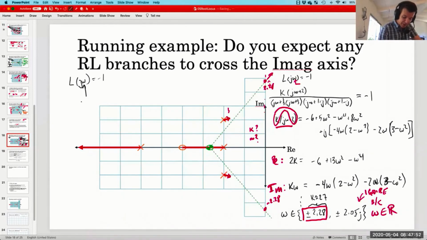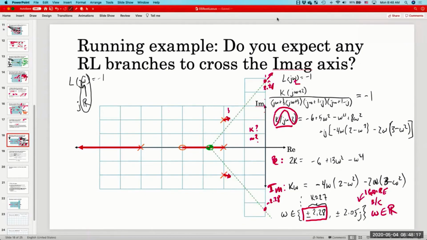And to get an imaginary number, you take the imaginary unit and you multiply by a real number. And so that's the argument for why the solutions that we're looking for have to be real numbers. Because the actual thing that we're plugging into the open loop transfer function needs to be imaginary. Therefore, if I'm entering in j times a number and I want it to be imaginary, that number has to be real. Okay.